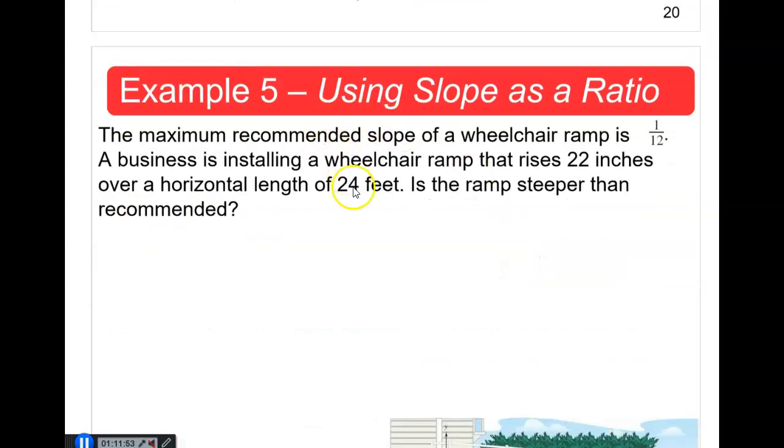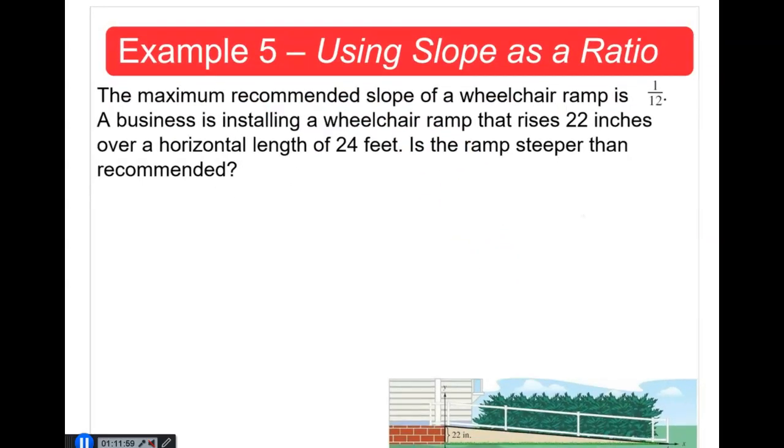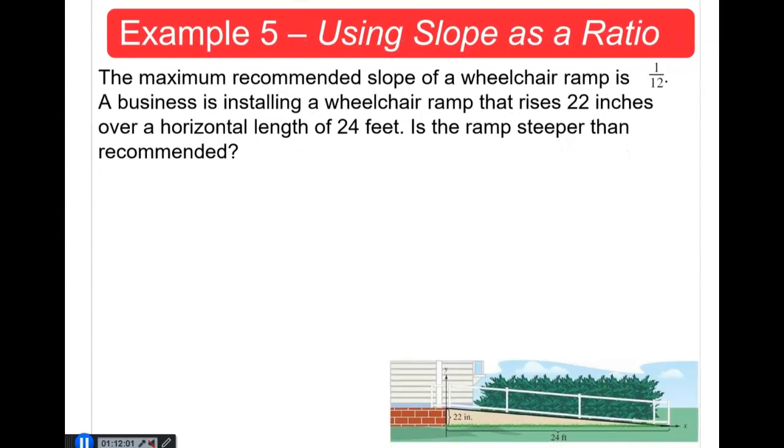So, for example, 5, we have that the maximum recommended slope of a wheelchair ramp is 1/12. So that will be our M. I'm going to continue reading. It says, a business is installing a wheelchair ramp that rises 22 inches.